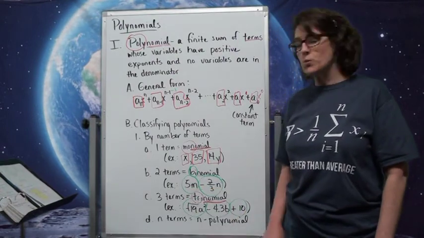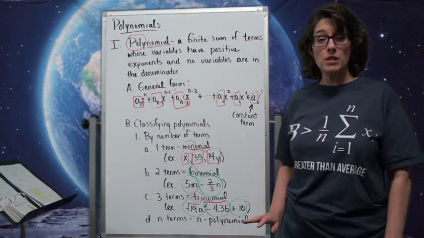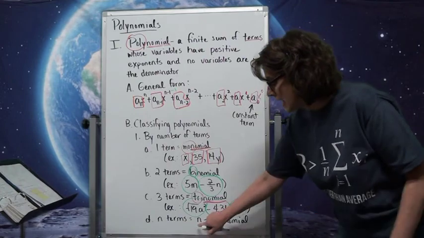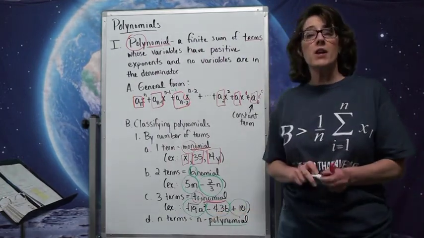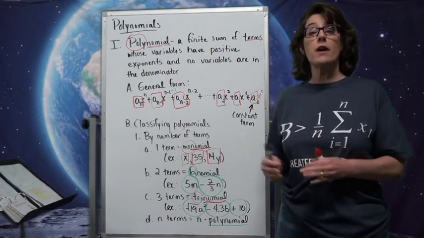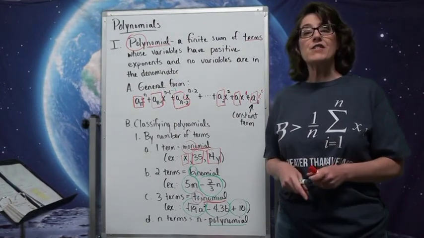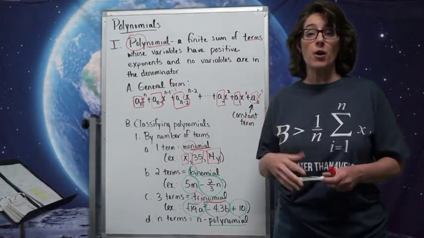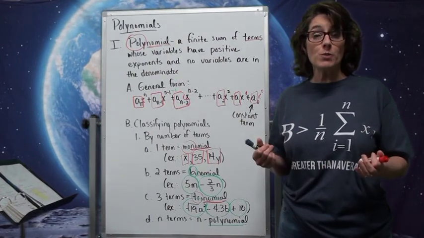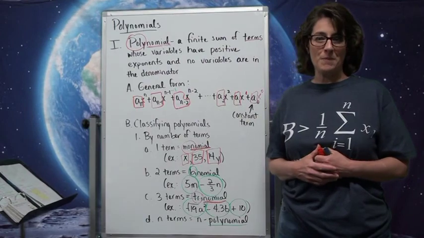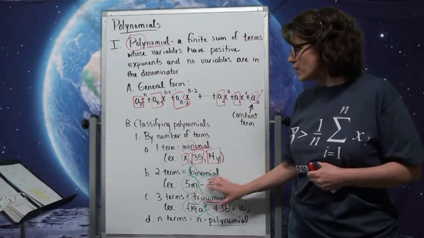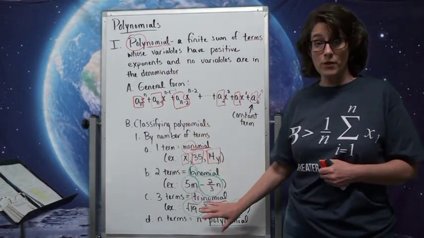After 3 terms, we said, you know what, anything beyond 3 terms, we're just going to call it an n polynomial. So in other words, if it has 4 terms, it's called a 4 polynomial. If it's 5 terms, it's a 5 polynomial. So if it has 100 terms, what is it called? Absolutely, a 100 polynomial. So this is how you classify your polynomials, by the number of terms.